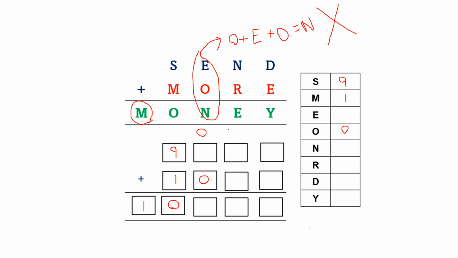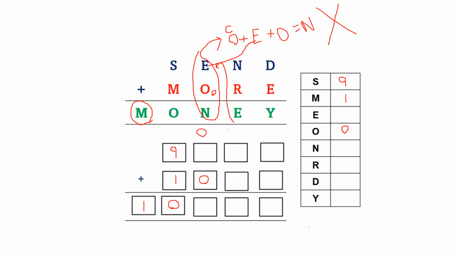E plus O is equal to N. Here we don't know whether we will get carry from this side or not. Okay. If no carry, then take this carry is equal to 0, and this E and this O. Already we know this O value is equal to 0 from the previous step.